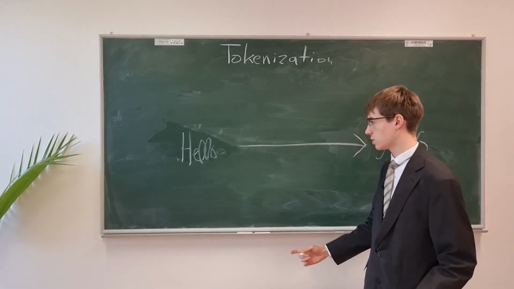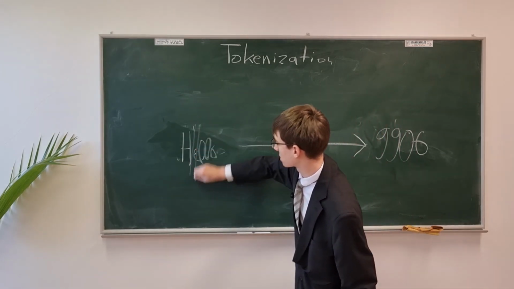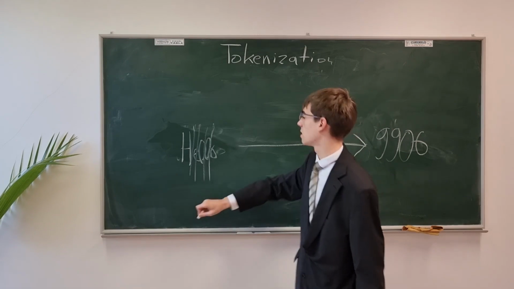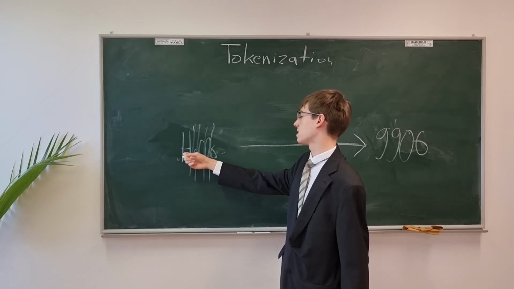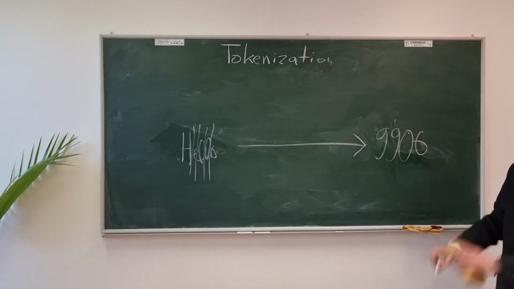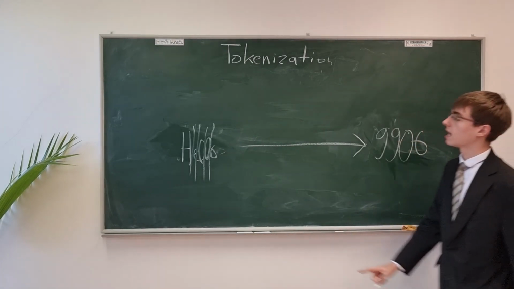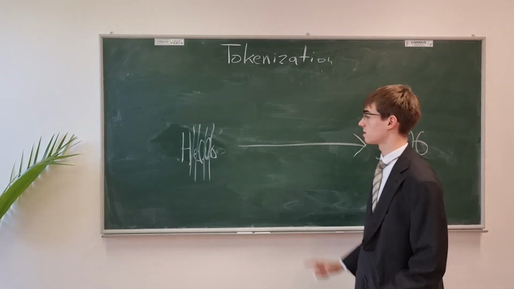Before tokenization, we used to split text up into individual characters, and then take the number that represents each character as our input numbers. But that's not good, because in a word there tends to be a lot of characters.